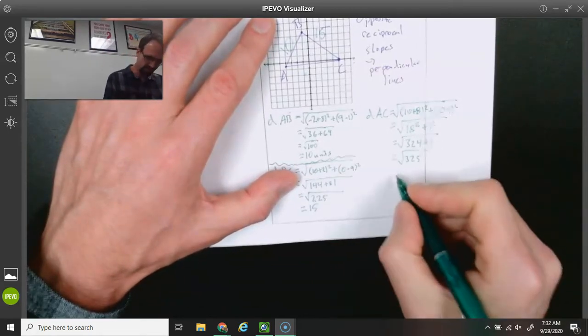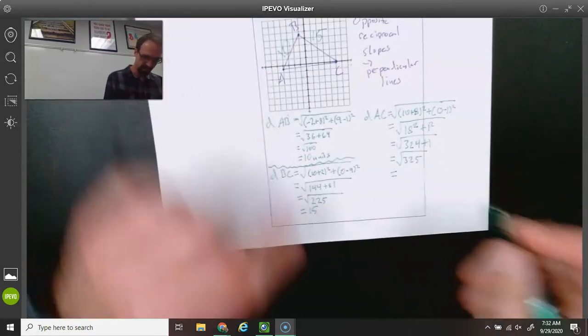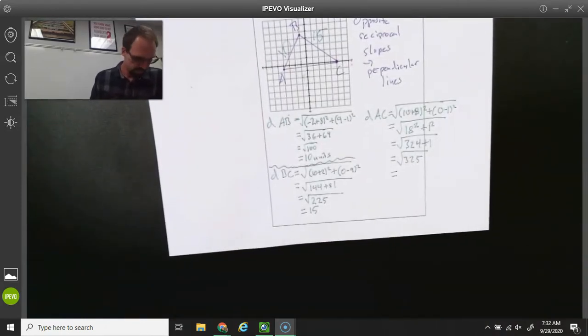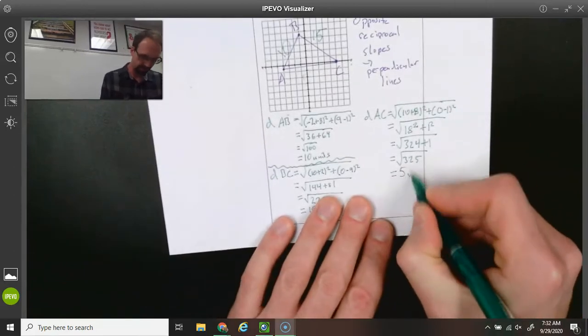It is not. I could probably take a perfect square out of some of this though. So if I do that, I could take a 25 out, I believe. 325 divided by 25. Yep. So that's going to be 5 square root of 13.